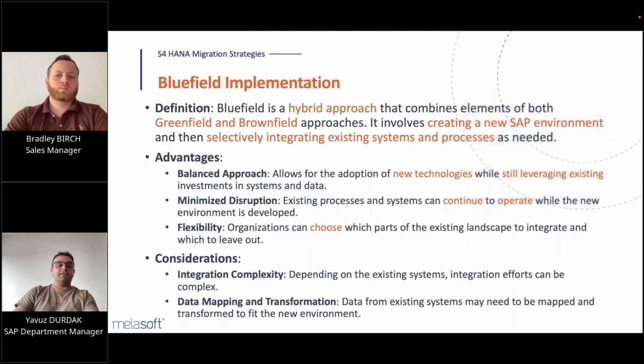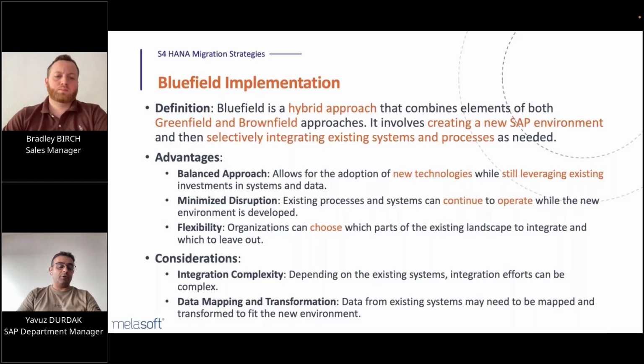The third implementation approach is the Bluefield implementation approach, which is a combination of the first two. Bluefield implementation combines elements of both Greenfield and Brownfield approaches. In this approach, you create a new SAP environment and then selectively integrate existing systems and processes. What are the advantages? First of all, it's a balanced approach.